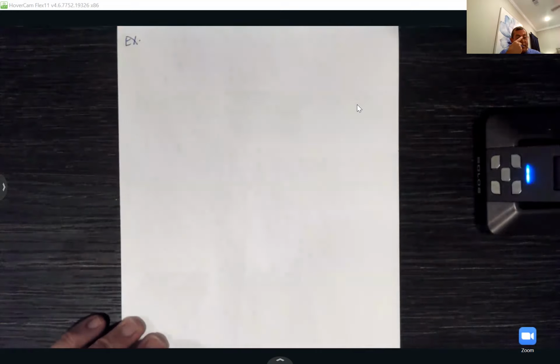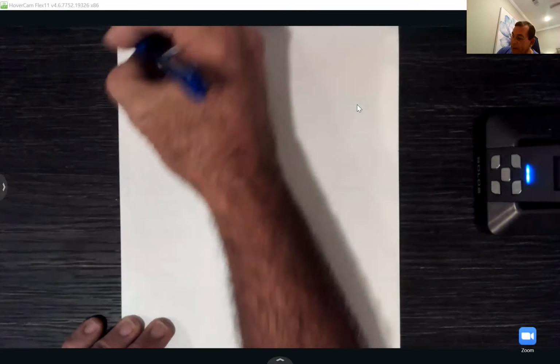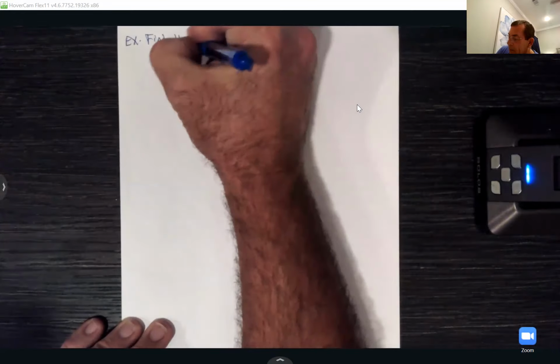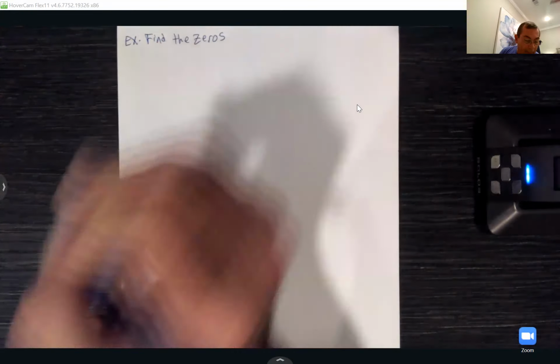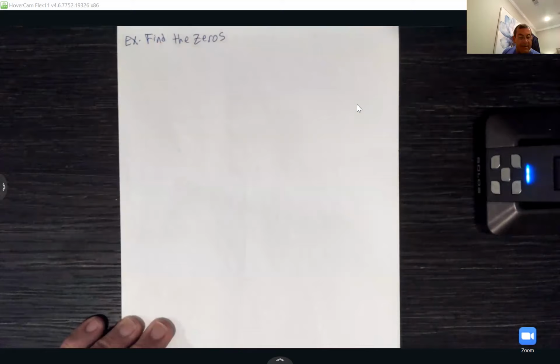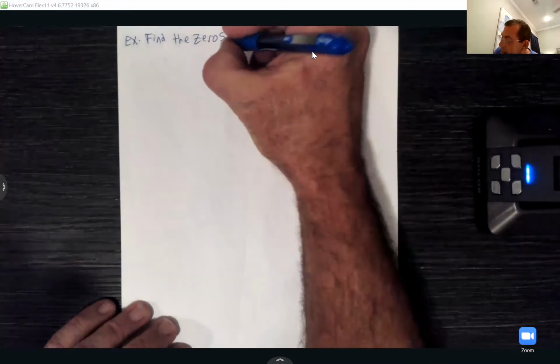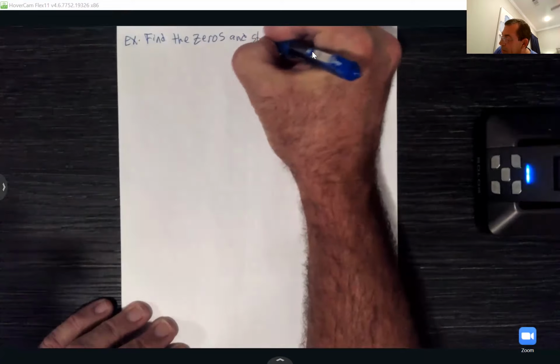All right, so for this example, they want me to find the zeros and state the multiplicity of each.